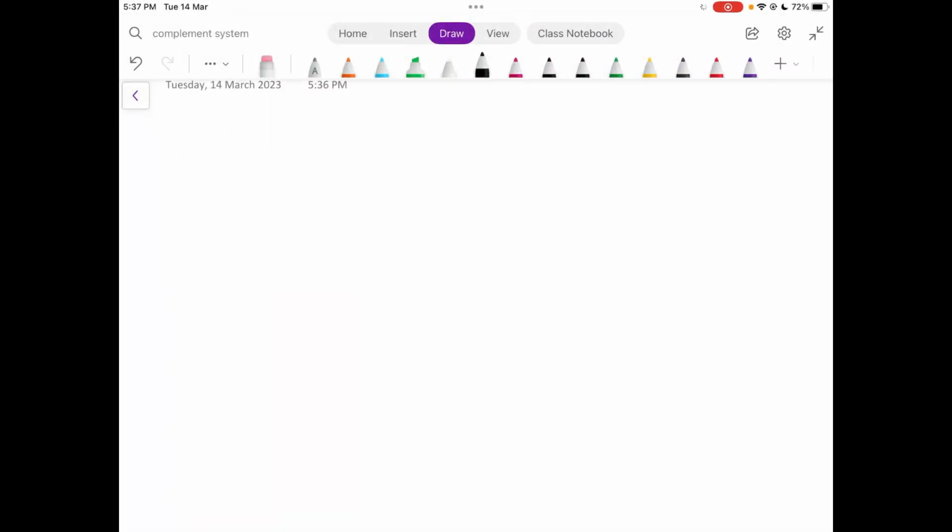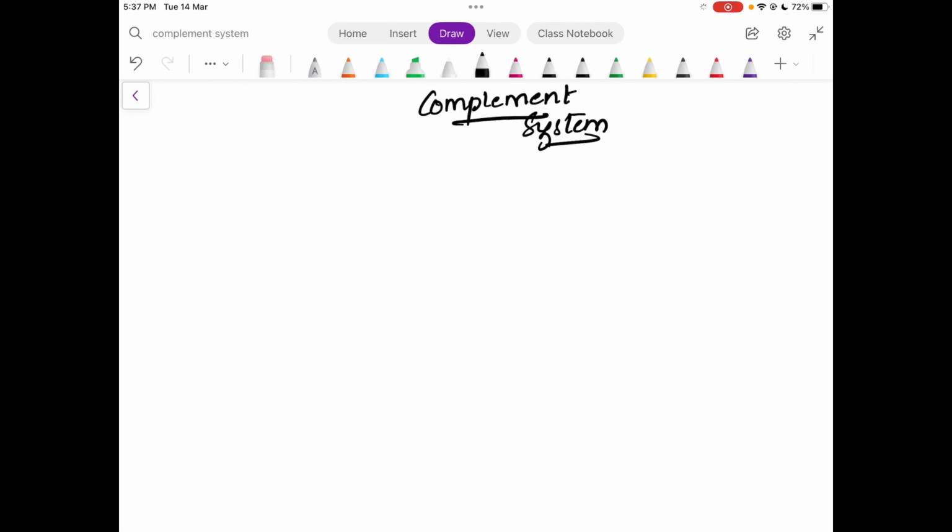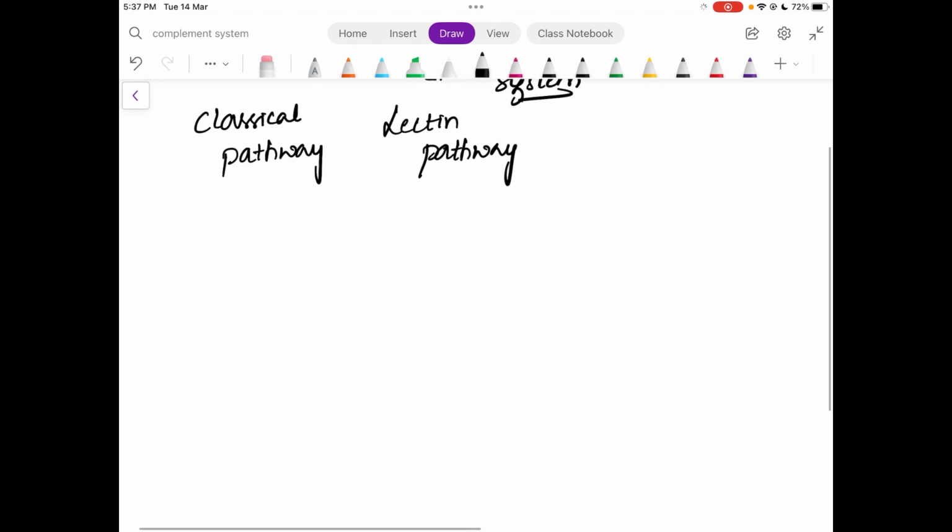Today we'll continue with the complement system class. Yesterday we have seen that this complement system comprises three pathways: one is the classical pathway, another one is the lectin pathway, and one more is the alternative pathway.